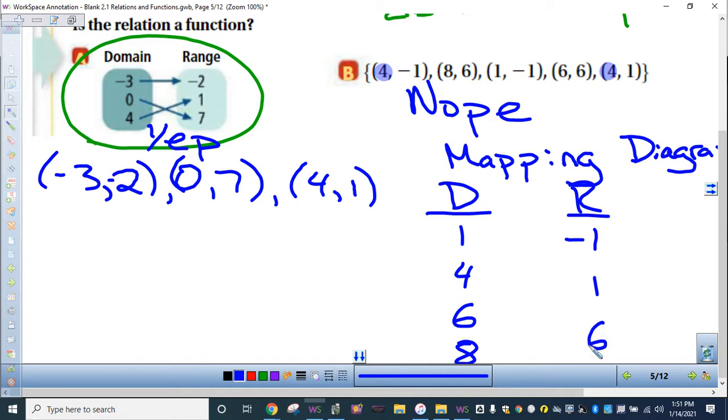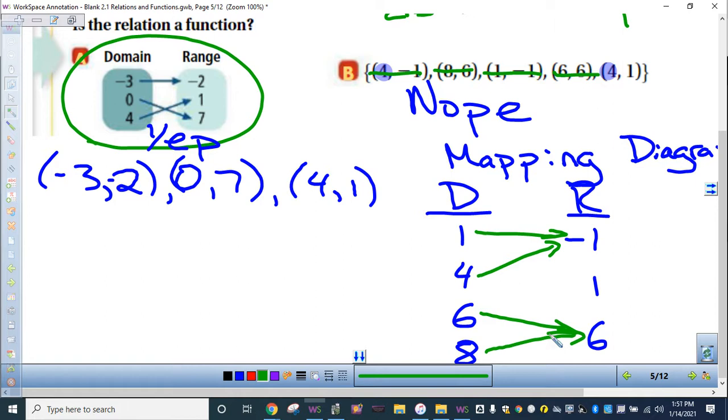So you look for 4, and draw your arrow to -1 to take care of that first ordered pair. Second ordered pair is 8, 6. So just draw an arrow between those two numbers. Third ordered pair is 1, -1. Fourth ordered pair is 6, 6.